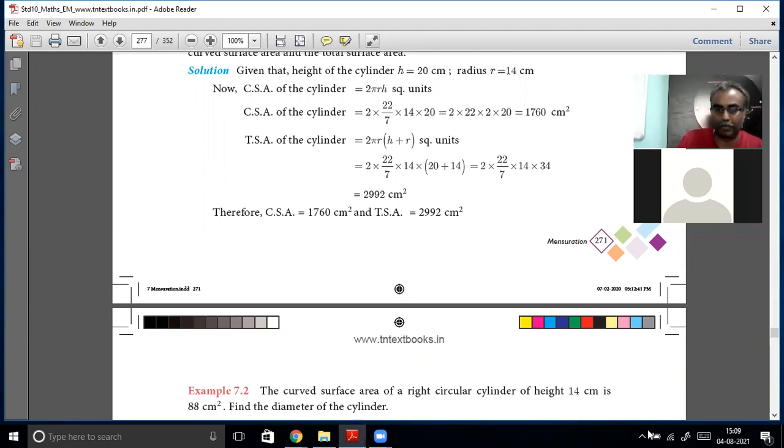Now let us do this problem. The curved surface area of a right cylinder of height 14 centimeters is 88 centimeters square.